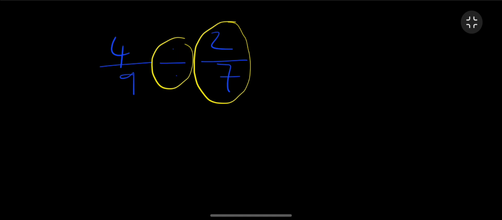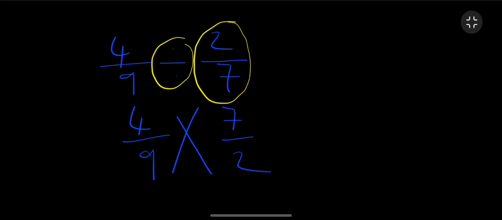So that means the denominator becomes the numerator and the numerator becomes the denominator. So doing that, we're going to further simplify to 4 over 9 times 7 over 2. Then this becomes a multiplication, and once we change the sign to multiplication, we know how to multiply fractions.